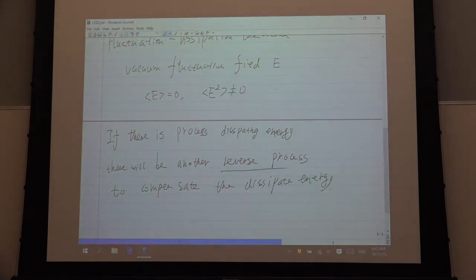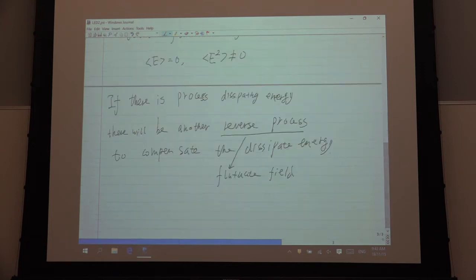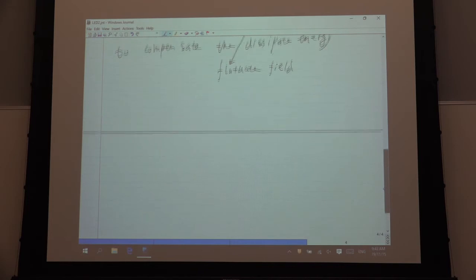The reverse process typically is a fluctuating field. I give 3 examples. In the last lecture, I gave 3 examples.